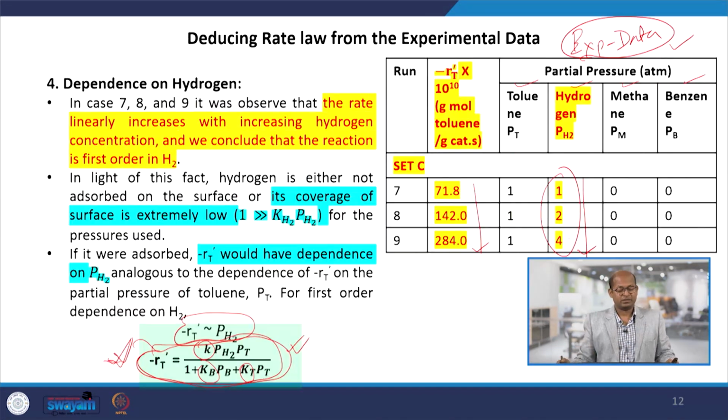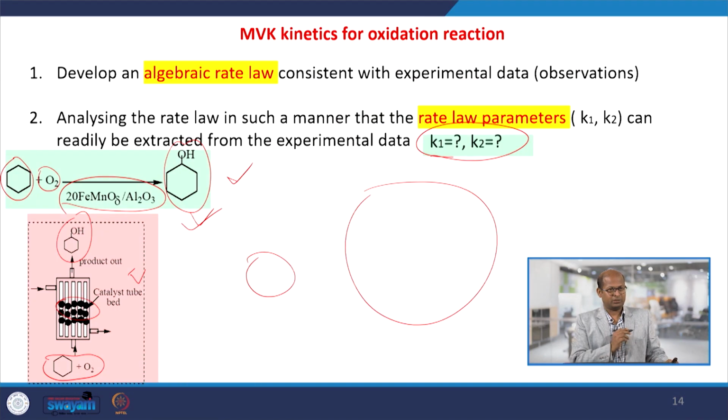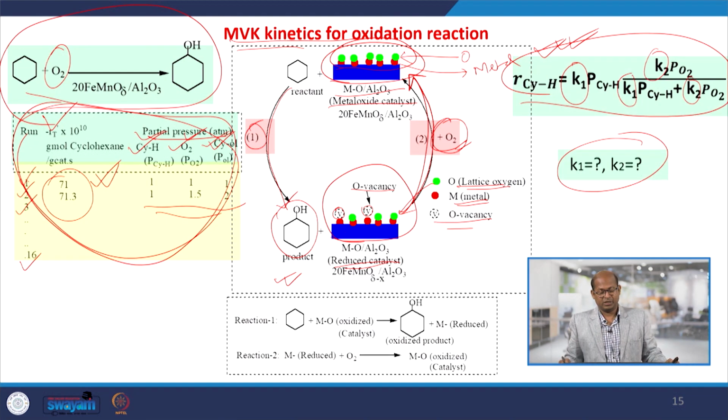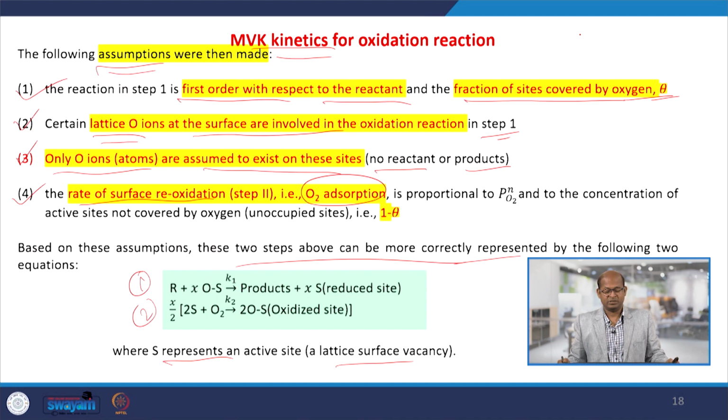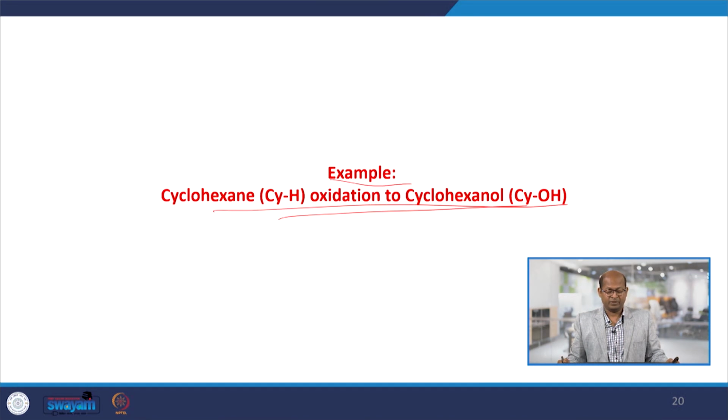And the second reaction that we have considered is cyclohexane to cyclohexanol production. Here it is MVK type kinetics. Earlier one was the Langmuir-Hinshelwood Hougen-Watson type, and this is MVK type reaction kinetics for oxidation reactions. With the experimental data we have fitted it, and we are getting that this rate equation is fitted well with the experimental observations.